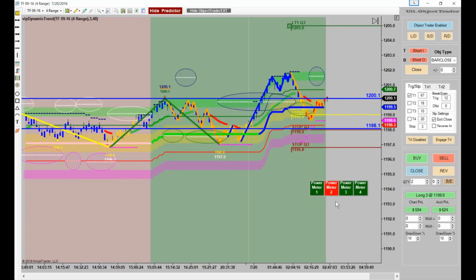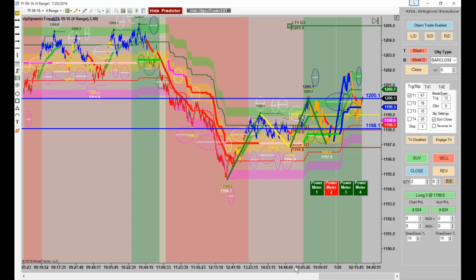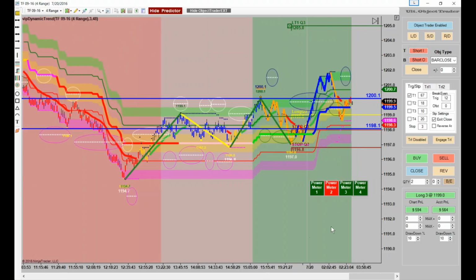But power meter 1 is green, power meter 2 is red, power meter 3 and 4 are green, so we diagnosed it properly, didn't we? Low, high, higher low, higher high. We did that at the start of the webinar. Okay, so we knew that we were in an uptrend. And then PowerMeter just assured us that we basically boxed it in, didn't we? That's pretty much what we did.